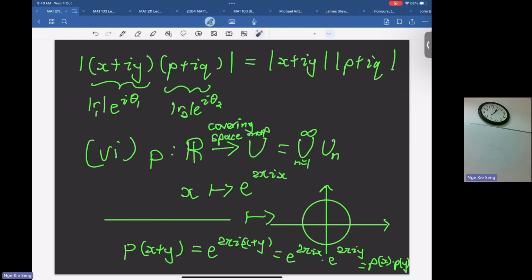So you want to map a polynomial into a point. What we do is map point by point. This x is not a polynomial. x is a number.